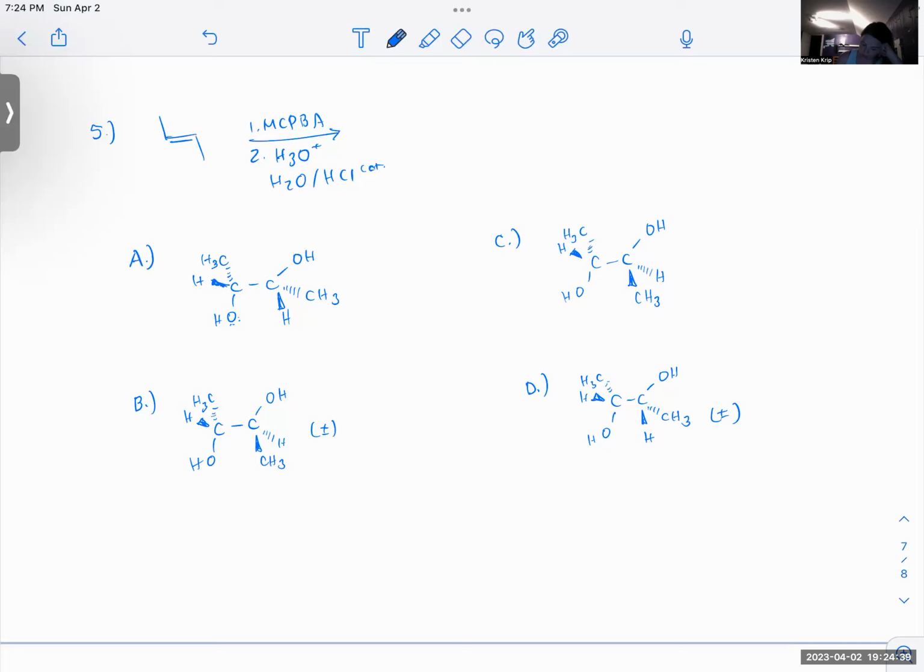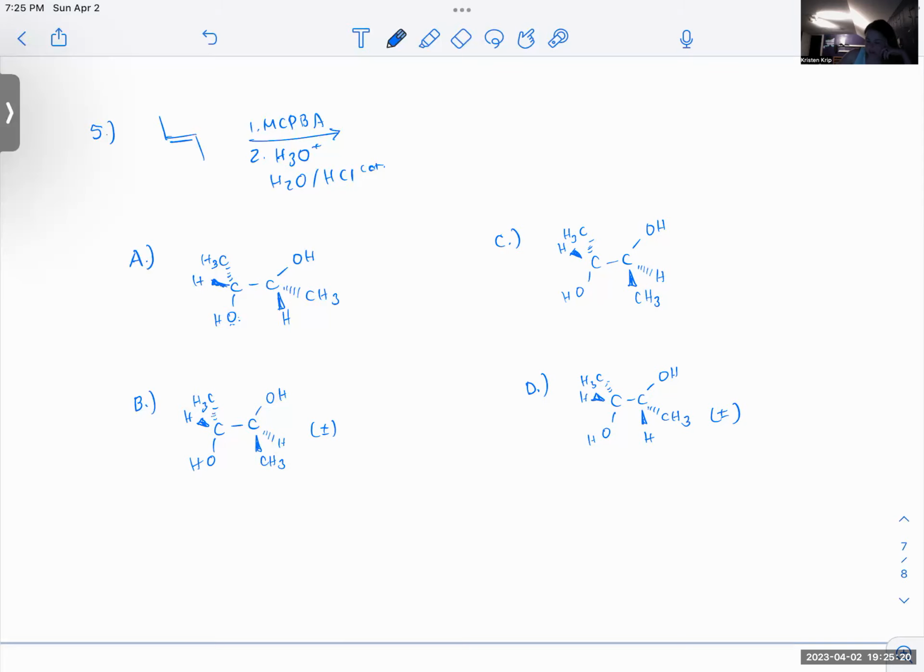That means that we will also have a product... well, it doesn't matter actually. Sorry, I'm thinking of how to explain. Well, we have a trans alkene, which means we're going to end up having a trans epoxide.